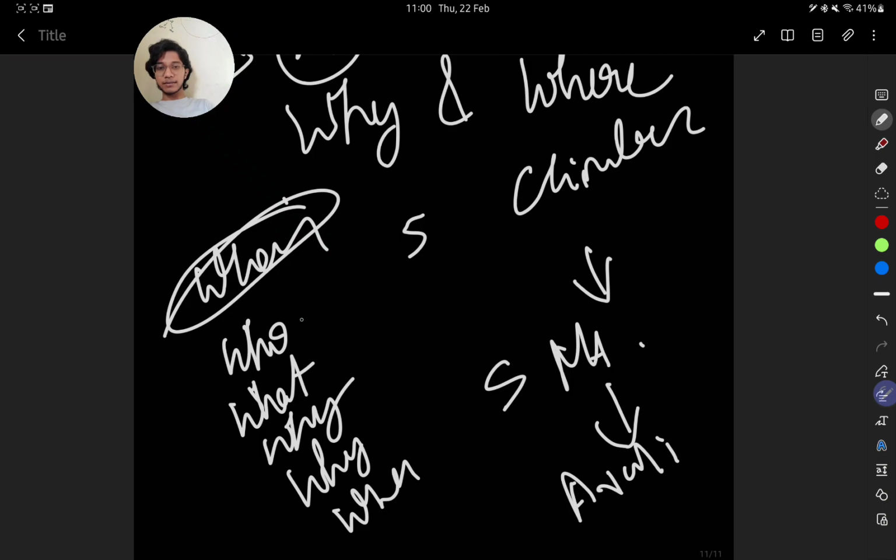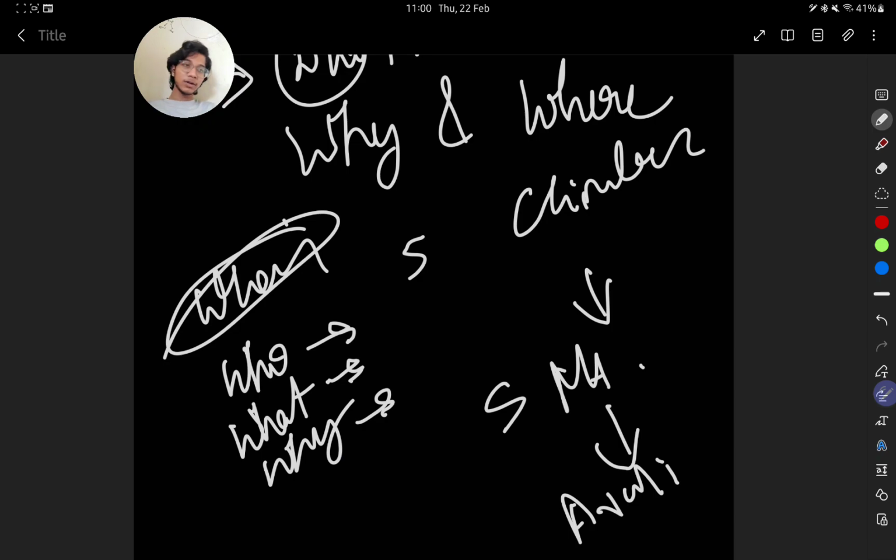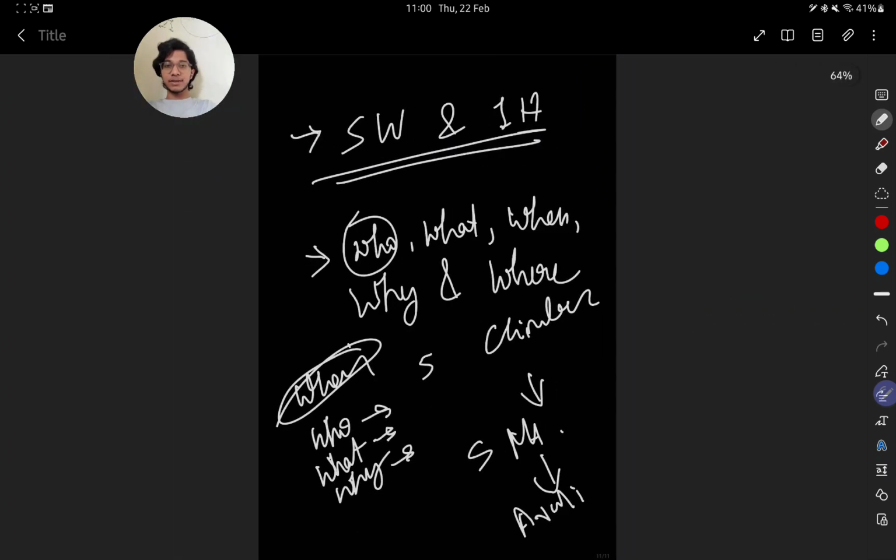So it's basically like: 5 climbers who were climbing Mount Everest died because an avalanche occurred yesterday in the third base, or near the base camp, basically something like that.